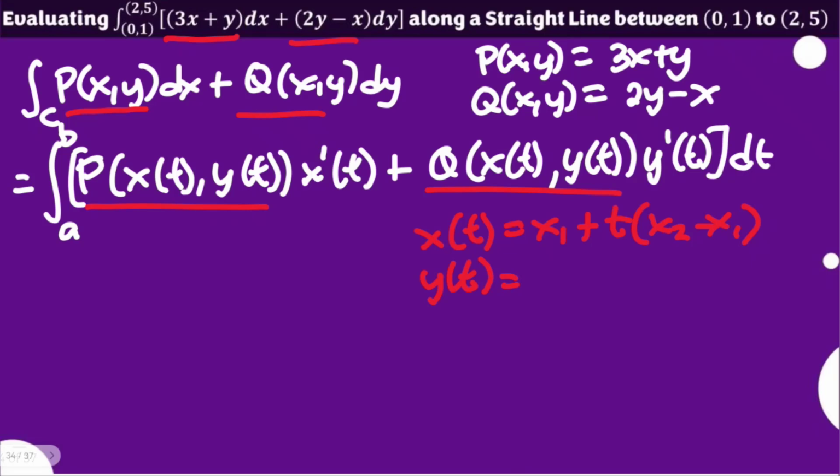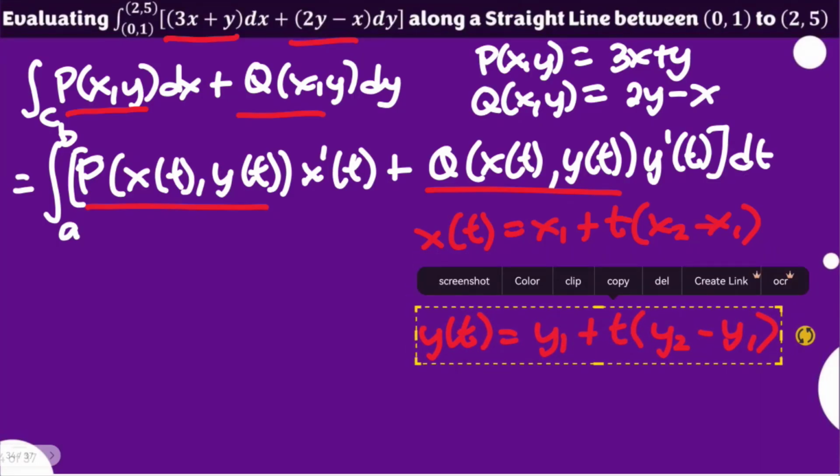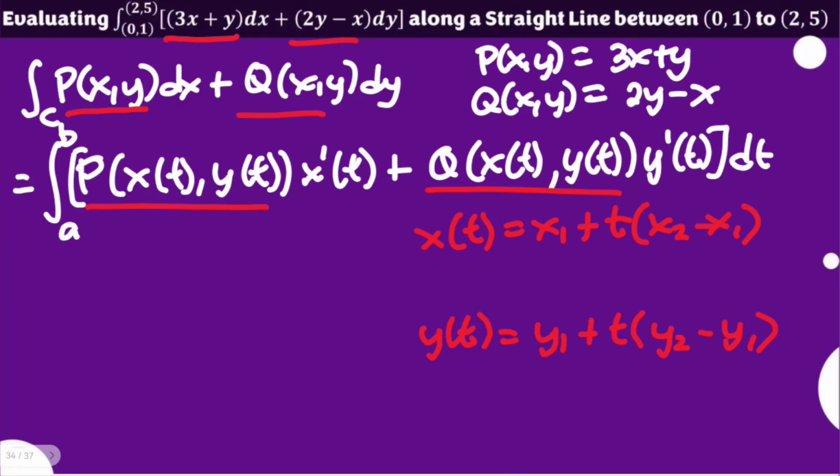Similarly, your y(t) is y sub 1 plus t times y sub 2 minus y sub 1. Let me move that down here. And let's try to identify the x sub 1, x sub 2, y sub 1, and y sub 2. For your points here identified, this is your x sub 1, this is your y sub 1, this is your x sub 2, and this is your y sub 2.